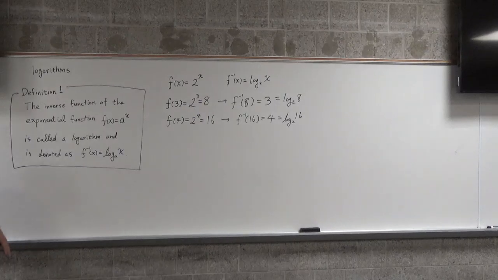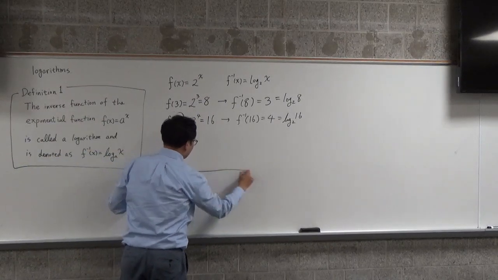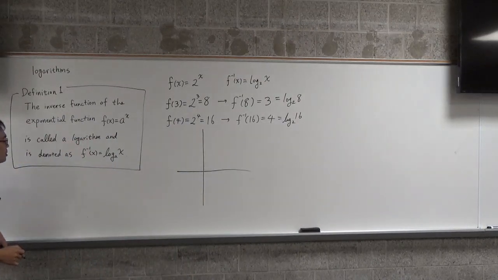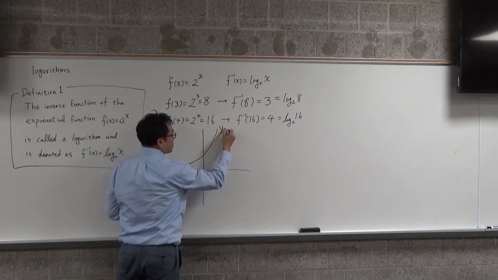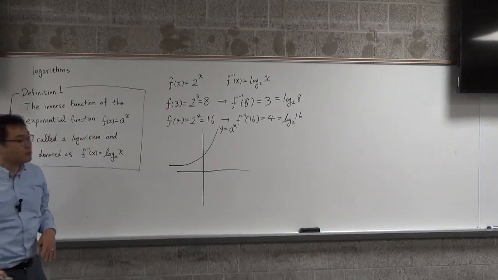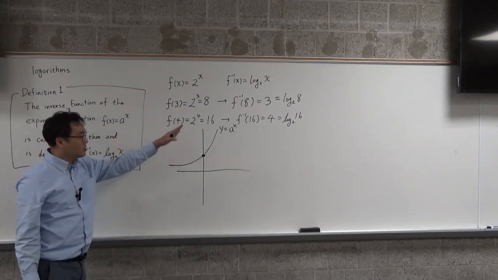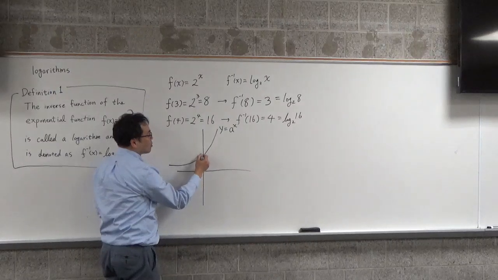In addition to this, let's think about the graph of the function. The graph of a to the x is something that we've been working on last week, right? The graph of y equals a to the x is like this one, where, what's this point? 0, 1, yes.